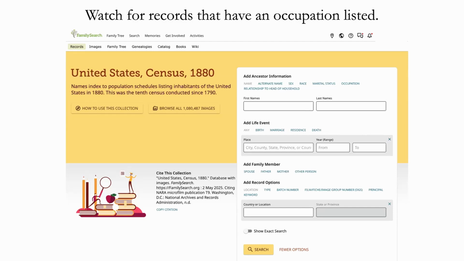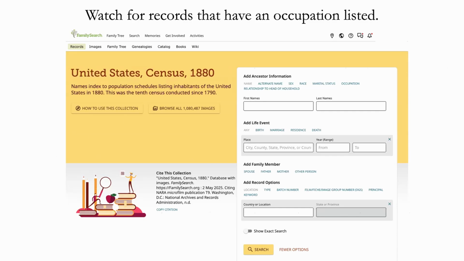Each of these occupations may or may not be recorded correctly, because almost all the information in the censuses comes from the people responding to the census enumerators, and they may or may not know the actual name of the occupation. They might say it's a store clerk, and that may not be helpful if there are 50 different types of store clerks in any one area.